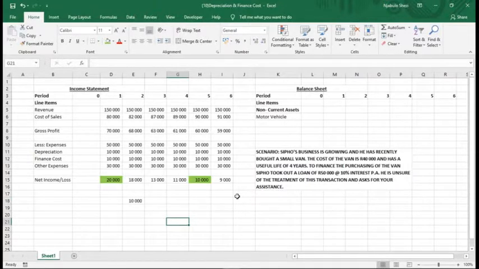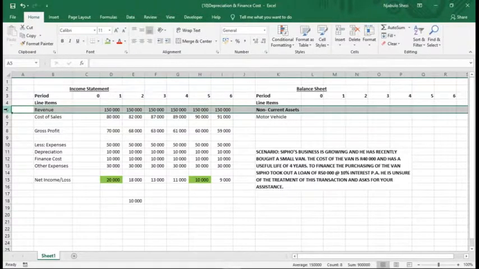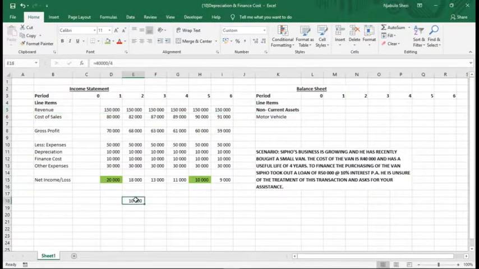Okay, this seems to be making sense because his revenue is consistent at 150,000 rand each and every year, and his incomes are consistent, ranging from 9,000, which is the lowest, up to 20,000, which is the highest. This makes sense.